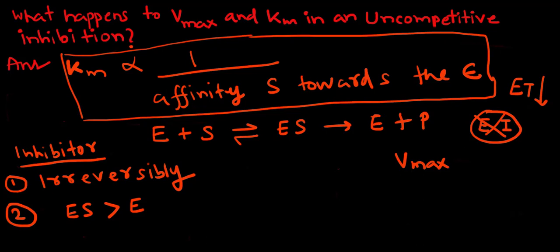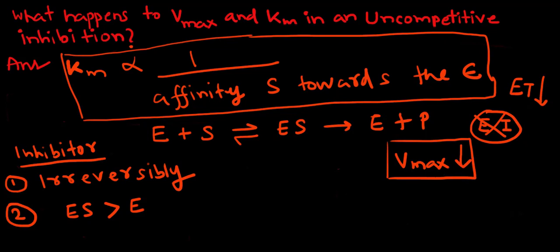So what is going to happen to the Vmax? Vmax is also going down, right? When total enzyme goes down, then Vmax also goes down.